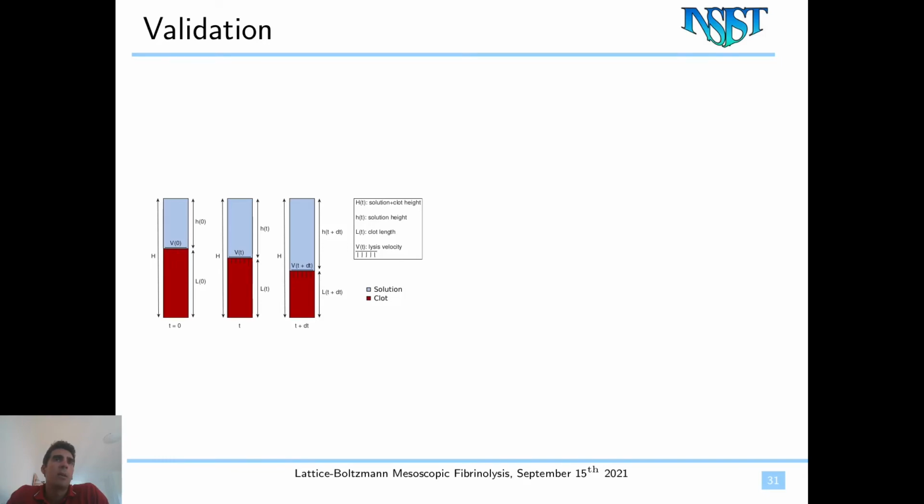So to validate our model, we considered the following measure. We saw that in the case of homogeneous fibrin clots, there was a clear distinction between the solution and the clot. So we could measure accurately enough the position of the front of lysis.